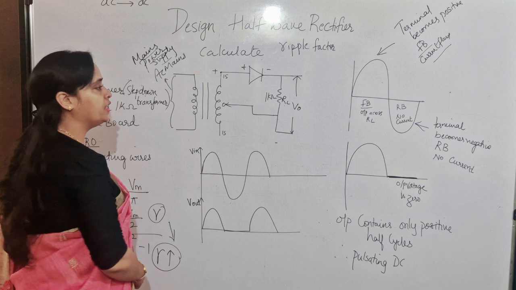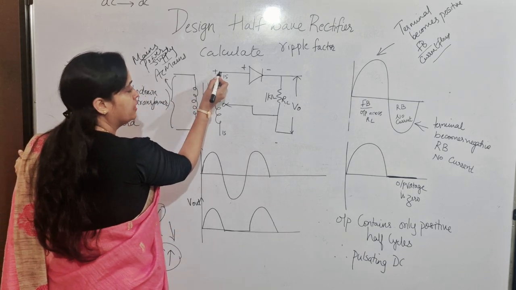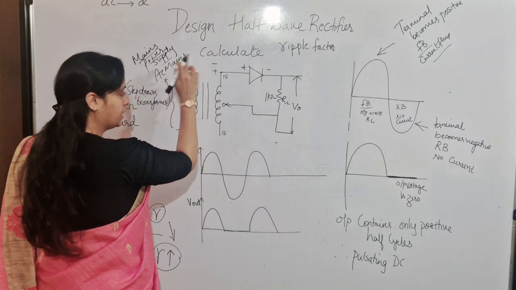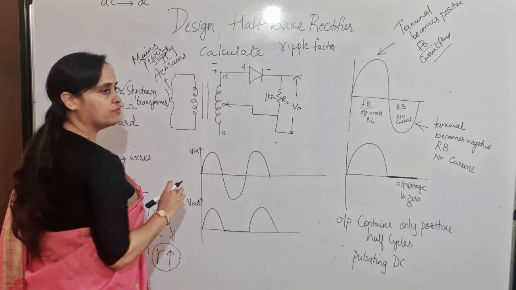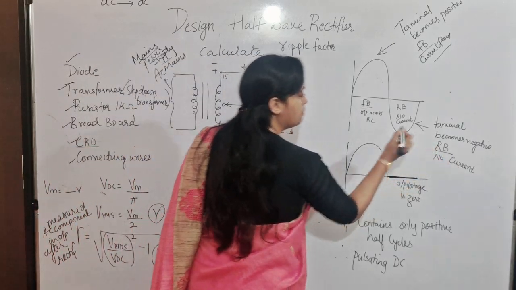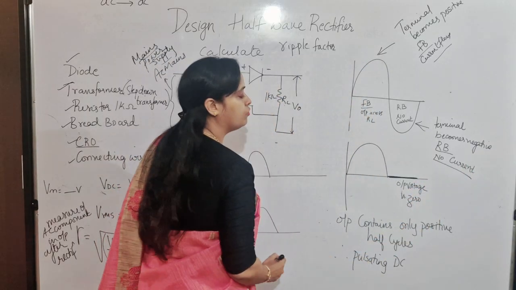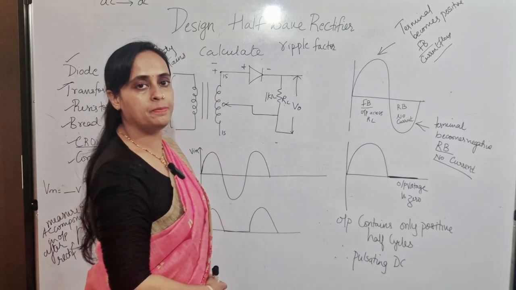Next, during negative input cycle, what happens? This terminal now becomes negative. If this terminal becomes negative, positive of the diode is connected to negative and negative of diode will be connected to positive, and this will be working in which bias? Reverse bias. And during reverse bias, there is no current, therefore there is no output voltage, measured will be 0.